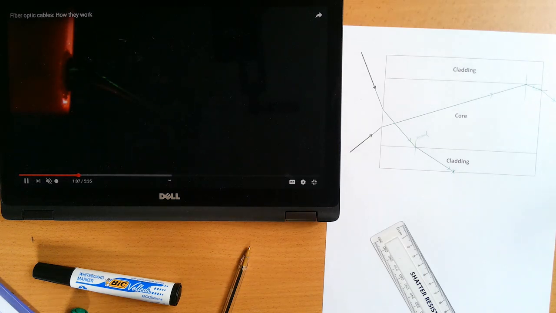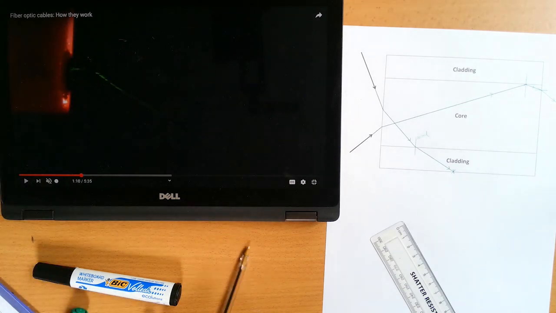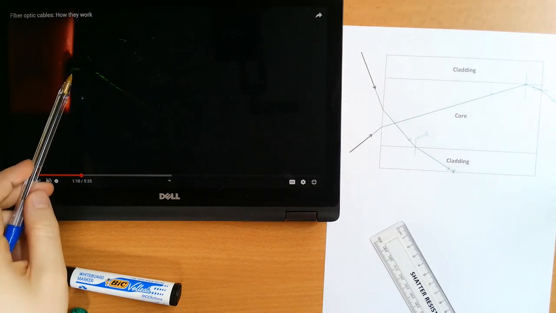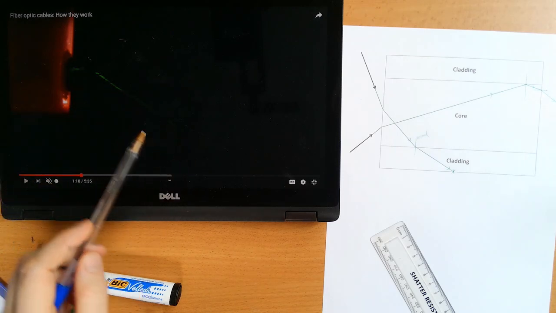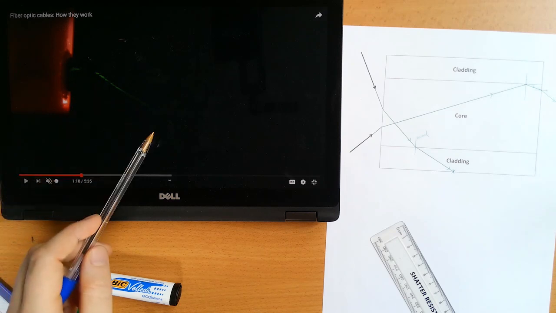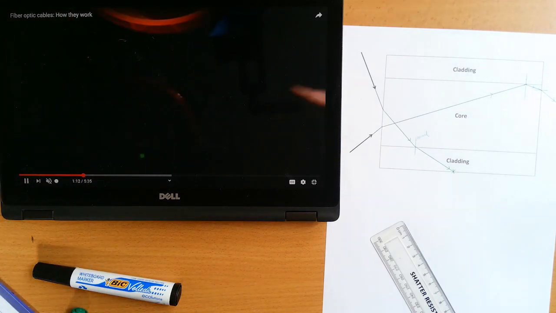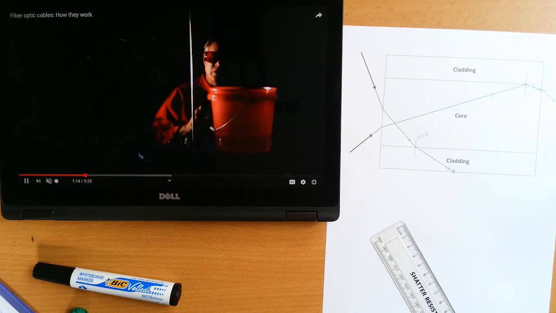the liquid comes out, and what you can see, it's a little bit dim, but the liquid is coming out of the bucket, and what you can see here is the laser light totally internally reflecting through the stream of the liquid. See if he gets a better shot here.